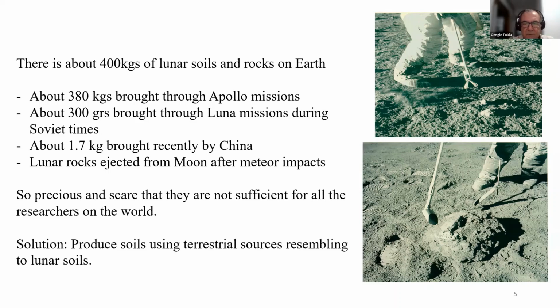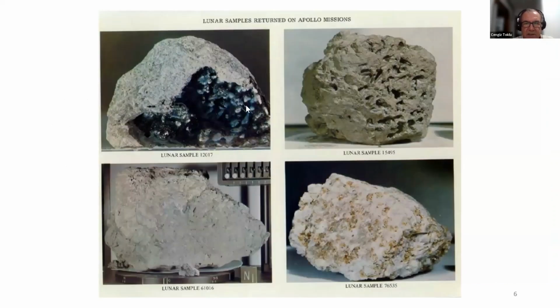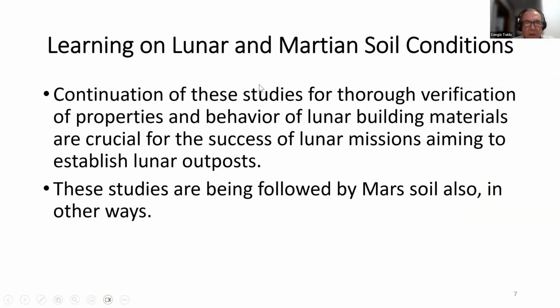They are, of course, so precious and not of big amount. So if we want to do research on lunar soil, we have to produce resembling materials. Of course, this study on lunar soils can be applied to Mars soil also.